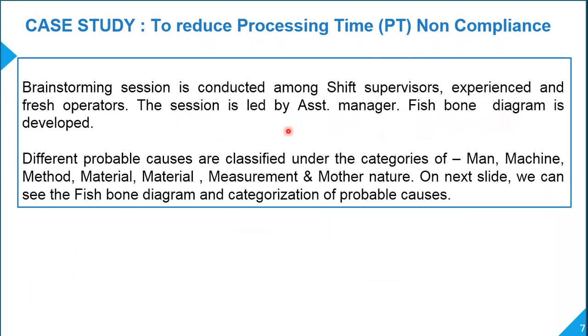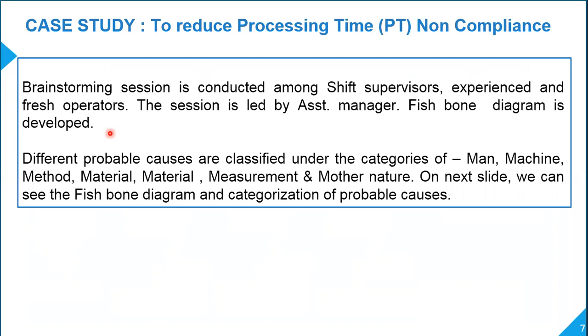The fishbone diagram is developed. As we already discussed, you drew that fishbone diagram on a whiteboard and asked them, what are the probable causes, and then you categorized them into different sections like man-related, machine-related, method-related, material-related, measurement-related, or external factor.